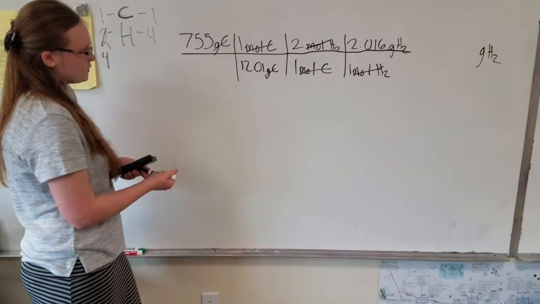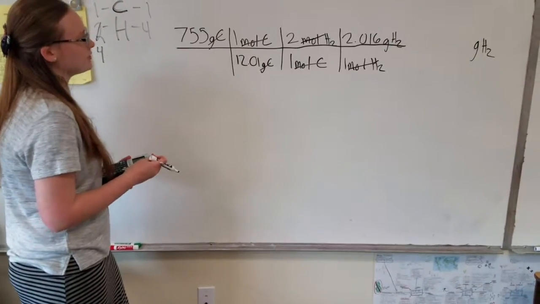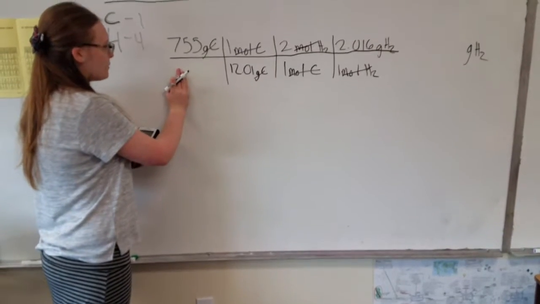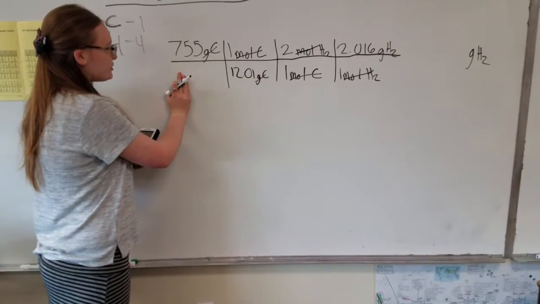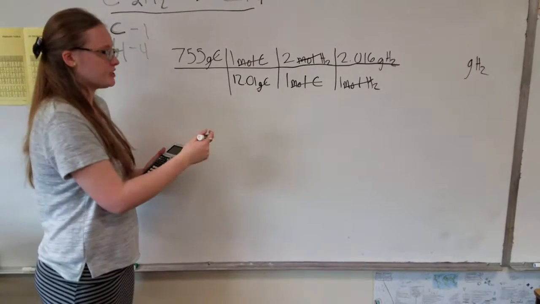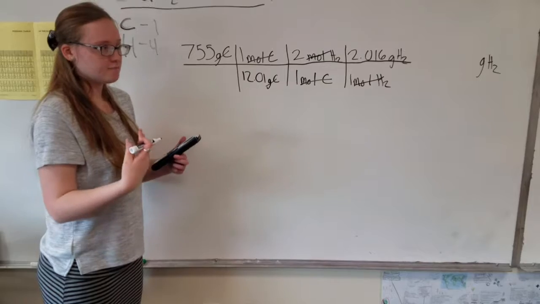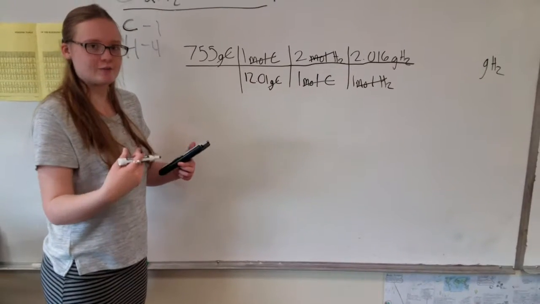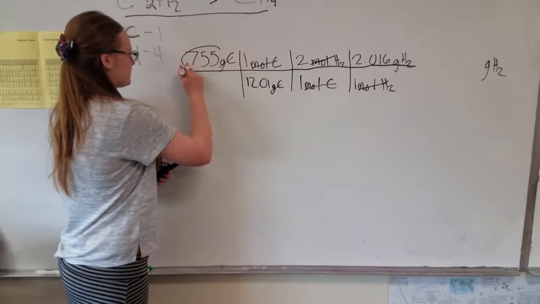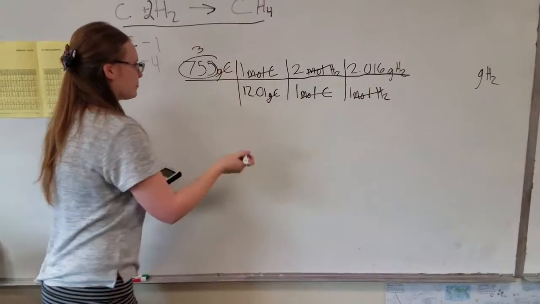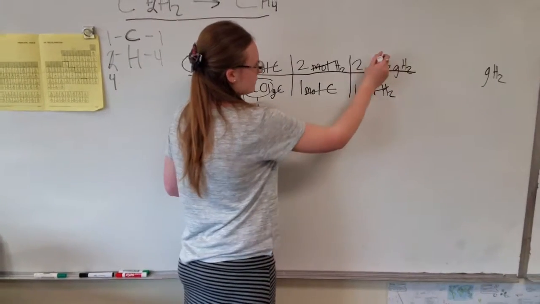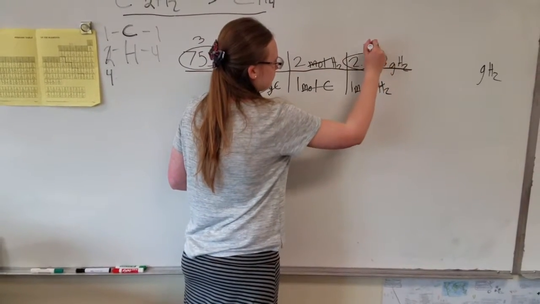Now our answer is really big, but we have to use our significant figures, which for multiplication and division you use however many is the least. This one has 3, this one has 4, and this one has 5.